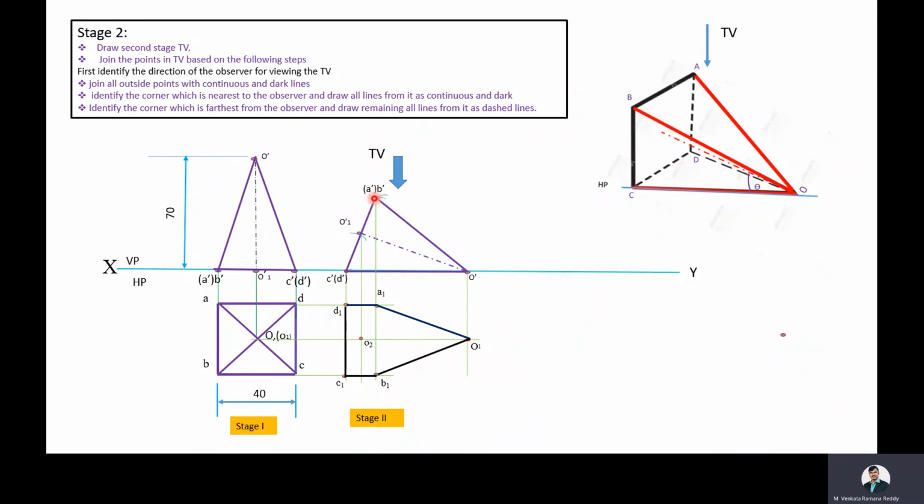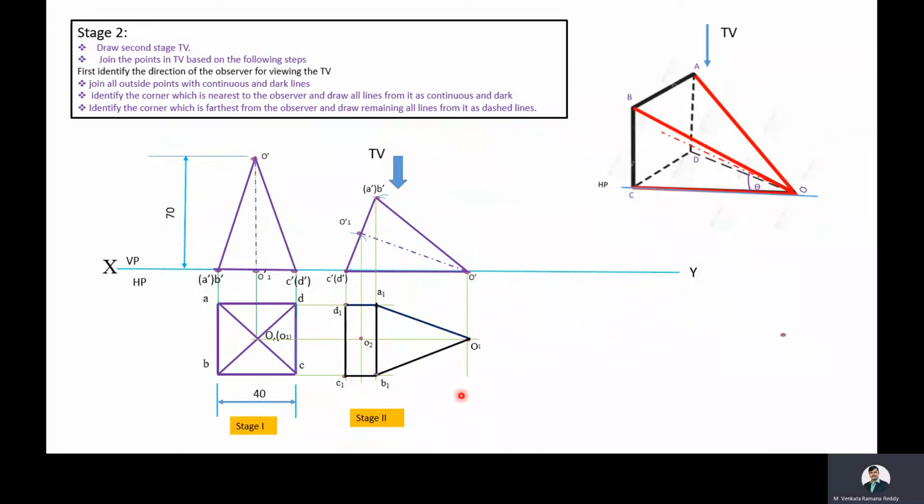Here this corner, say A dash, and another corner B dash are nearer to the observer. So these corners containing all lines are to be drawn as continuous and dark. Here O1 A1 continuous, O1 B1 continuous. Then A1 B1 points are also to be joined with a continuous and dark line.